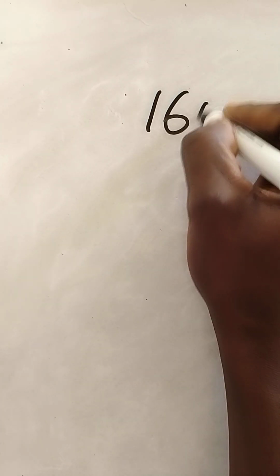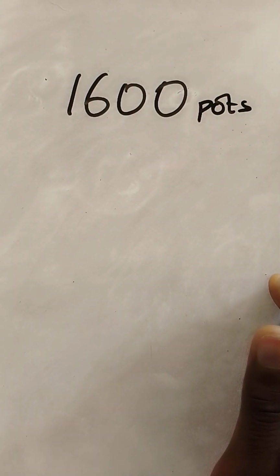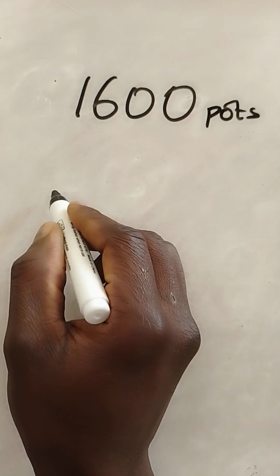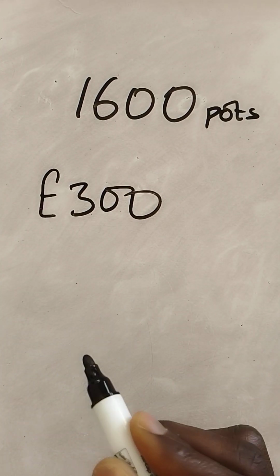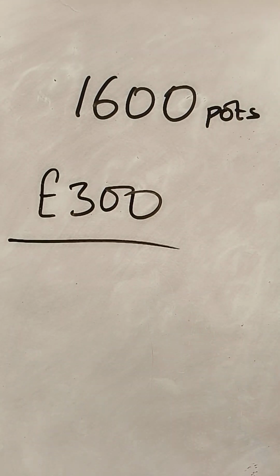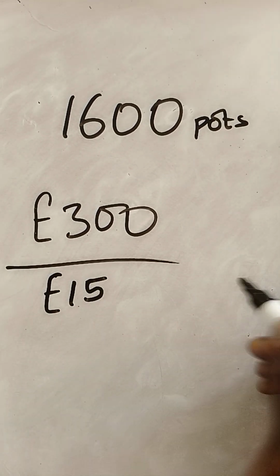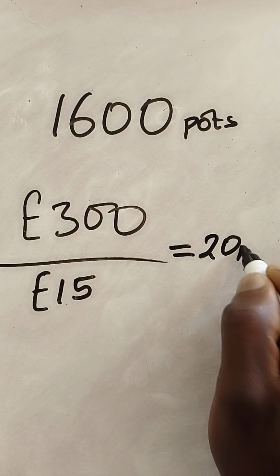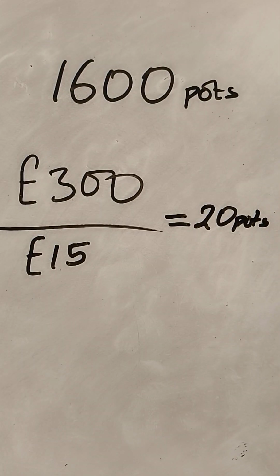So we already know that the total outcome is 1,600. That's the number of pots we have. That's the total. And now he paid £300, and to determine the number of pots, we just divide it by £15. If we do this division correctly, we easily get 20 pots. So in all, Paul was only able to buy 20 pots.